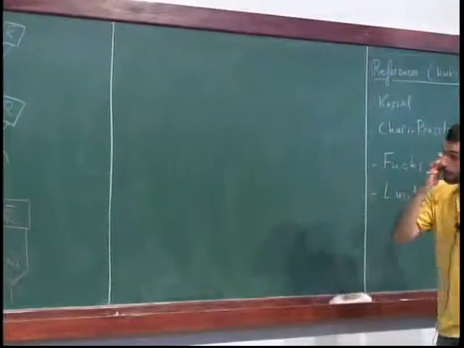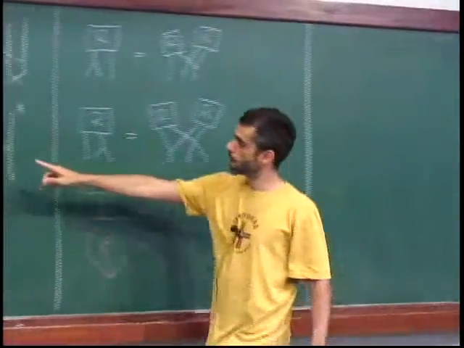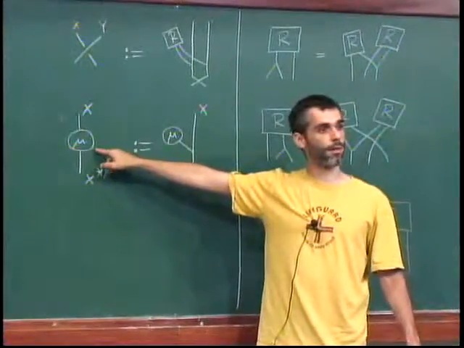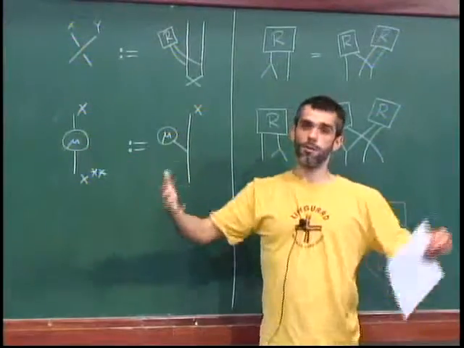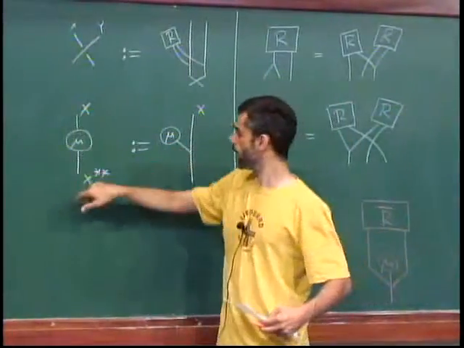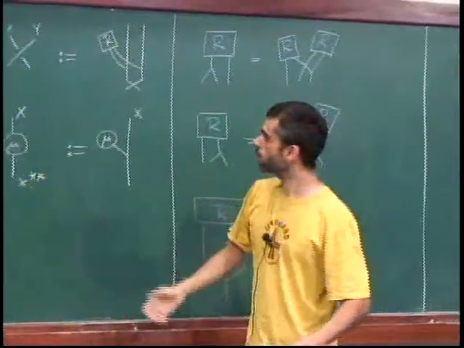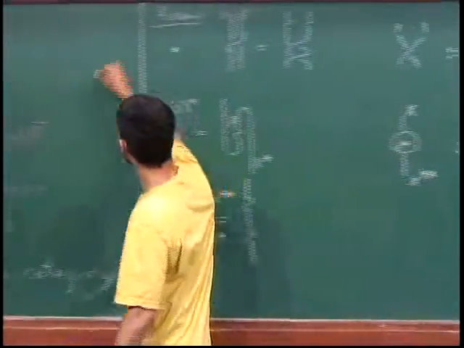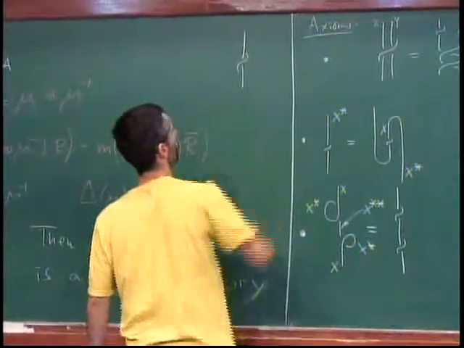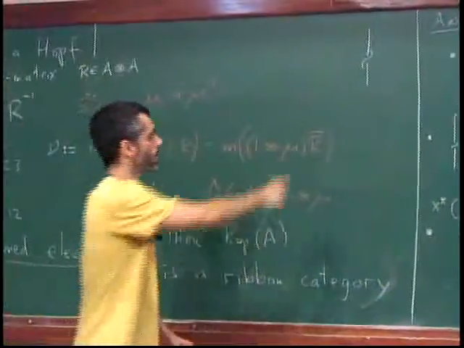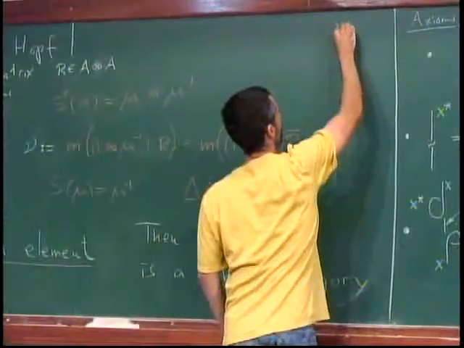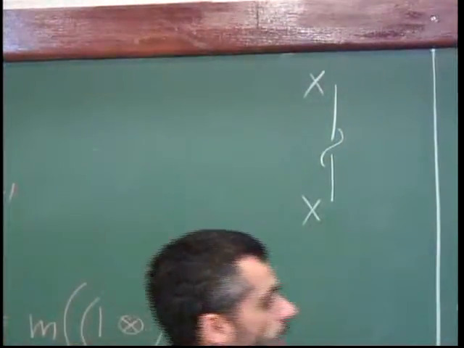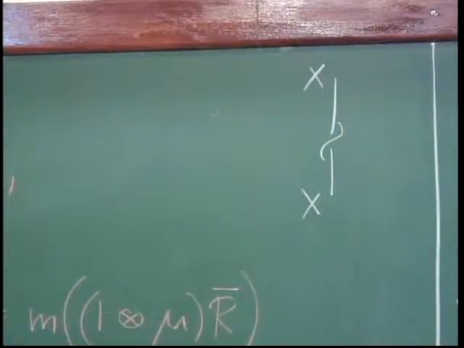So what we want to do is, starting with this piece of data, you are given an isomorphism between X and X double dual, and what you actually want is to construct a twist theta. So how do you construct this, which is a map from X to X, given that, which is a map from X to X double dual?